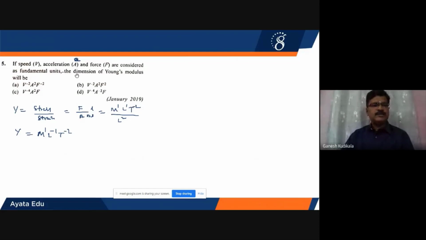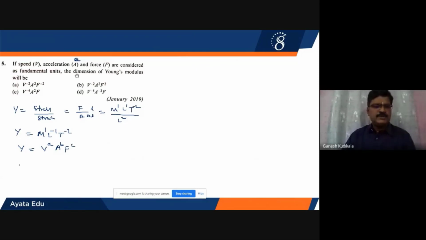Young's modulus has to be expressed in terms of velocity, acceleration and force. The general expression is Y = v^a a^b F^c.